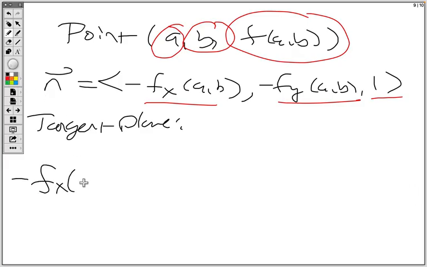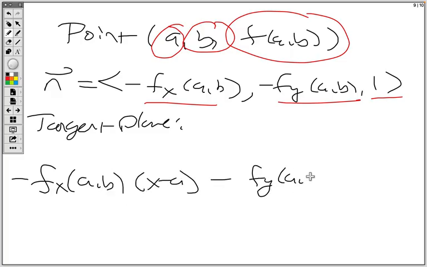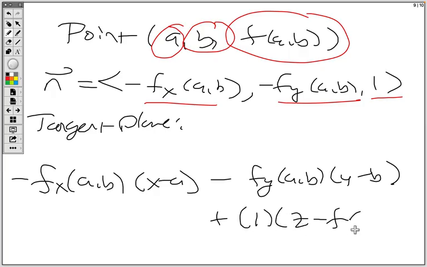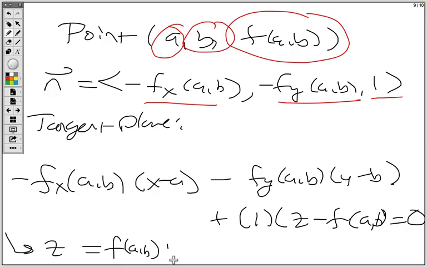So we would get to here, all equal to 0. And then if we solve for z, we would add over the f of (a,b). We'd add over the fx piece. And we'd add over the fy piece.